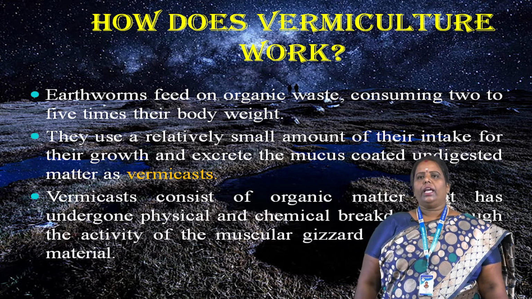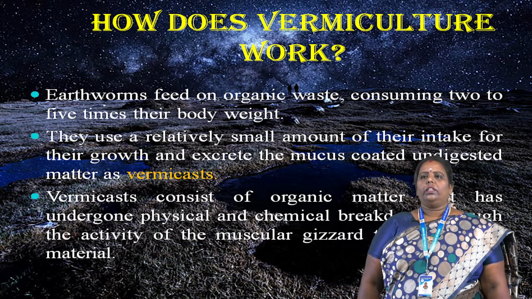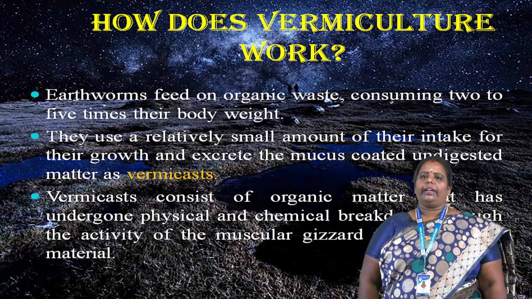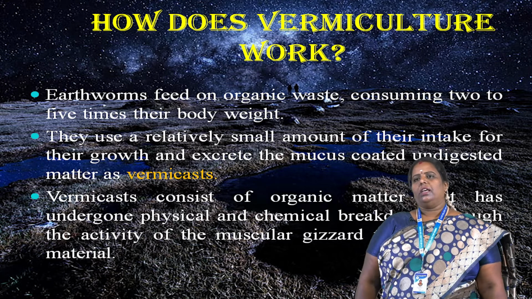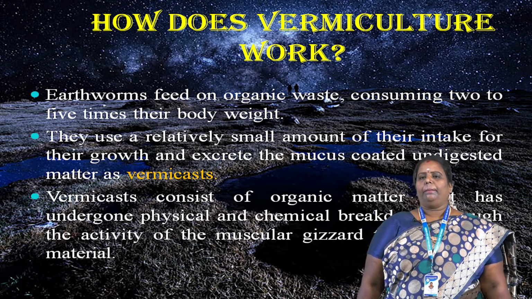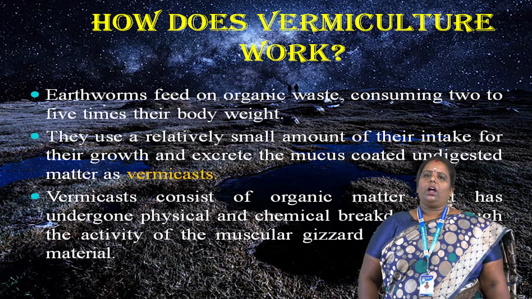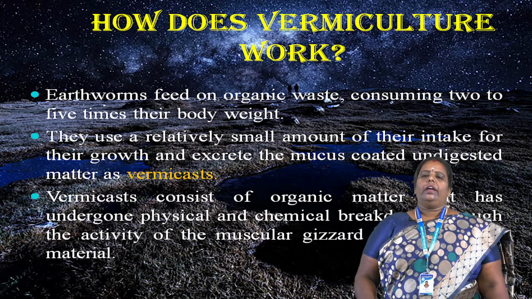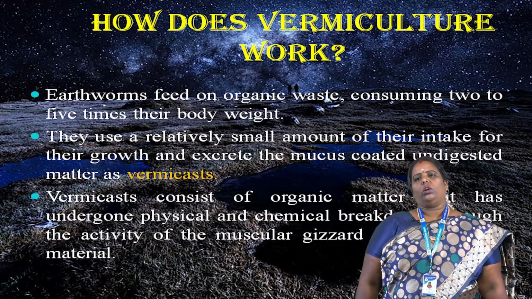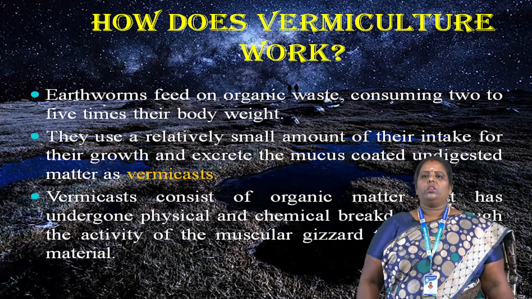They use a relatively small amount for their growth and excrete the mucus-coated, undigested matter as vermicast. The word vermicast is a very important technical term: the undigested matter from the earthworm is called vermicast. The digested part is called manure, and the undigested part is vermicast.